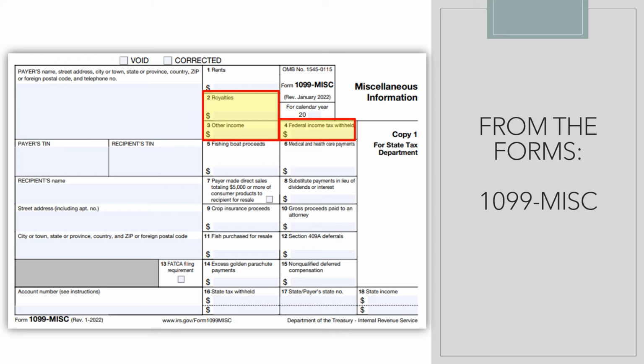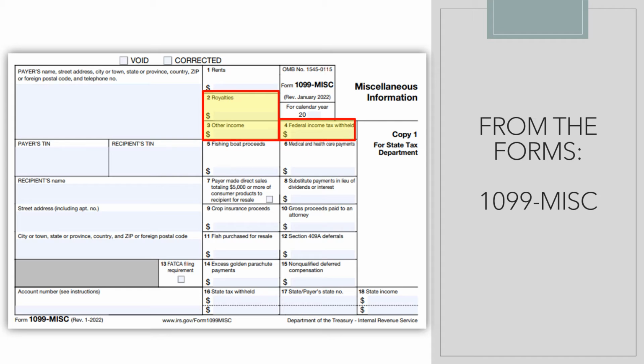And so, in this case, we're looking at boxes 2, 3, and 4 is the federal income tax withheld. A lot of the boxes on this form are out of scope, so if somebody comes in with this form, you're definitely going to want to be looking up in the 4012 to make sure that we are not overreaching our scope.